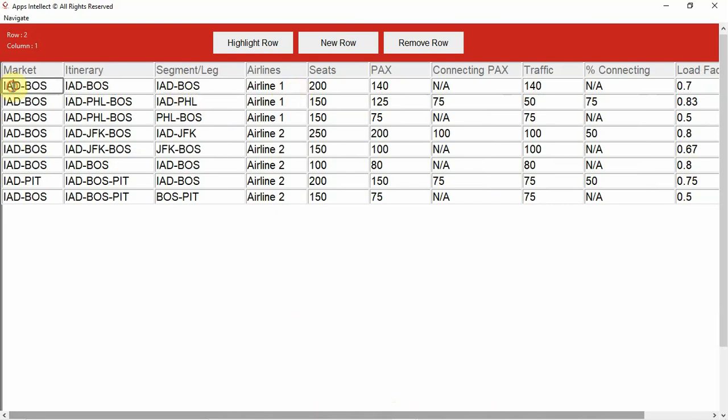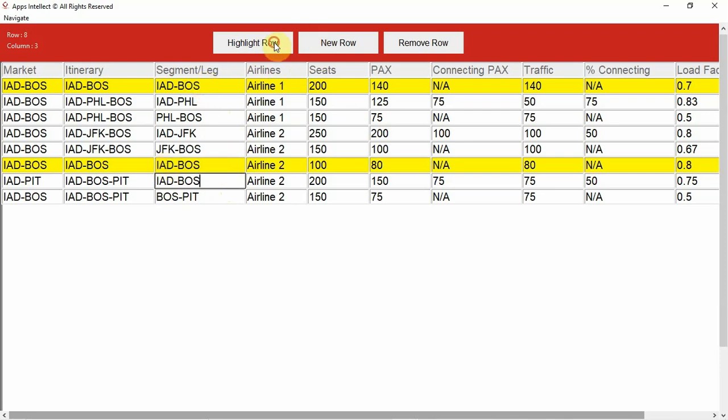We'll highlight that, and then the same route for Airline 2, who is also flying it. So 2 flights for Airline 2 and 1 flight for Airline 1.